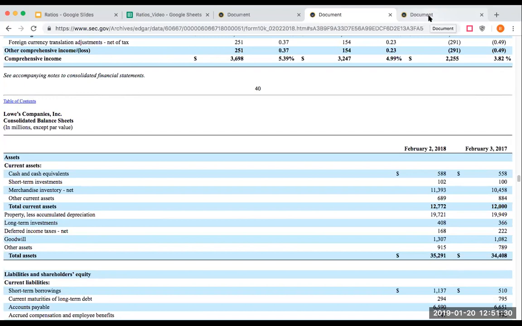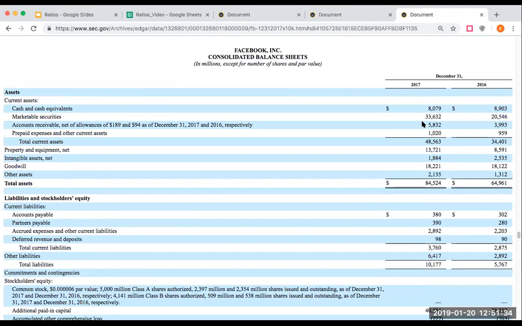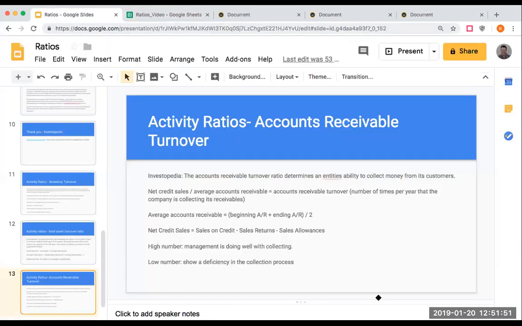particular ratio. Now, when I go to Facebook and I look at their accounts receivable, about 5.8 billion, this is going to be more than 5% or less than 10% of their total assets. But if we go through the definition, it's my net credit sales.